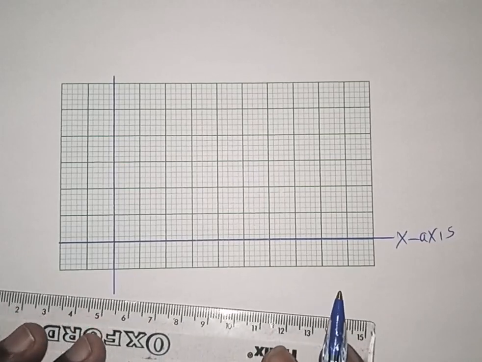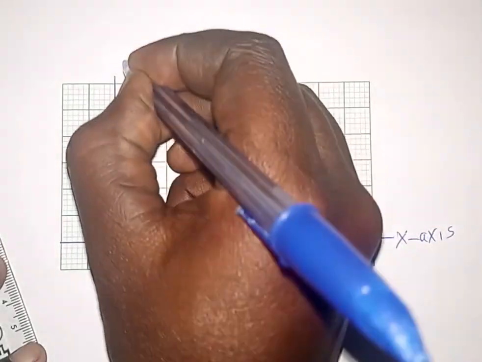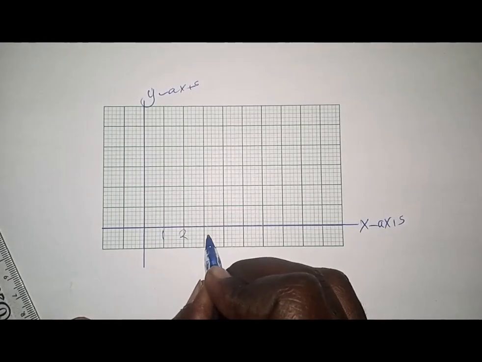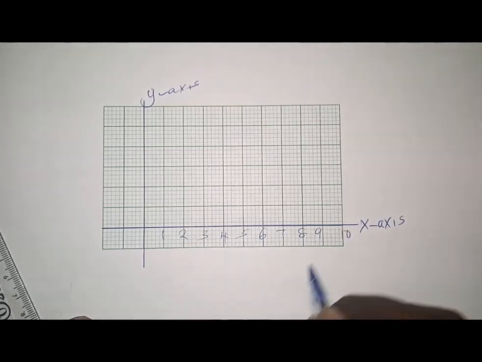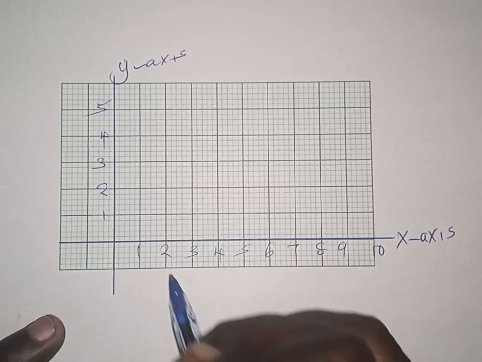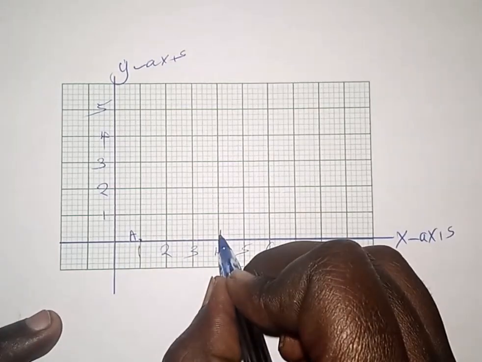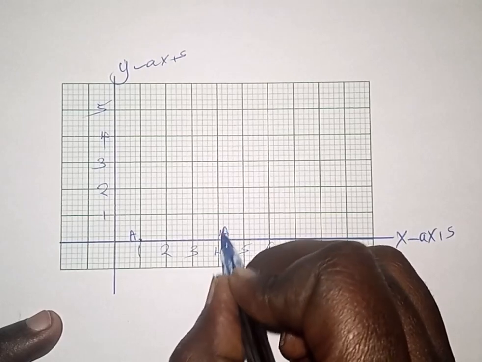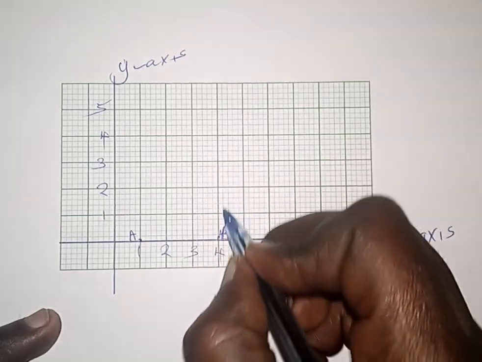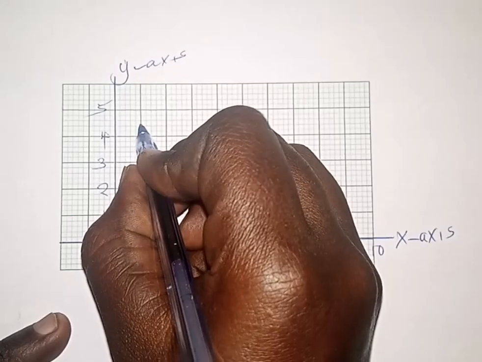So, start by drawing the x-axis and the y-axis. So, we have (1, 0), (4, 0) as point B, point C (4, 4), point D (1, 4).